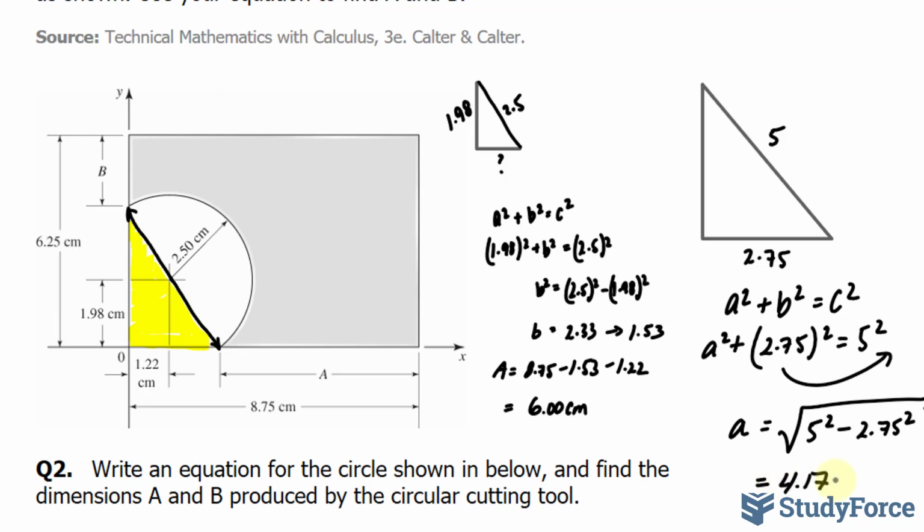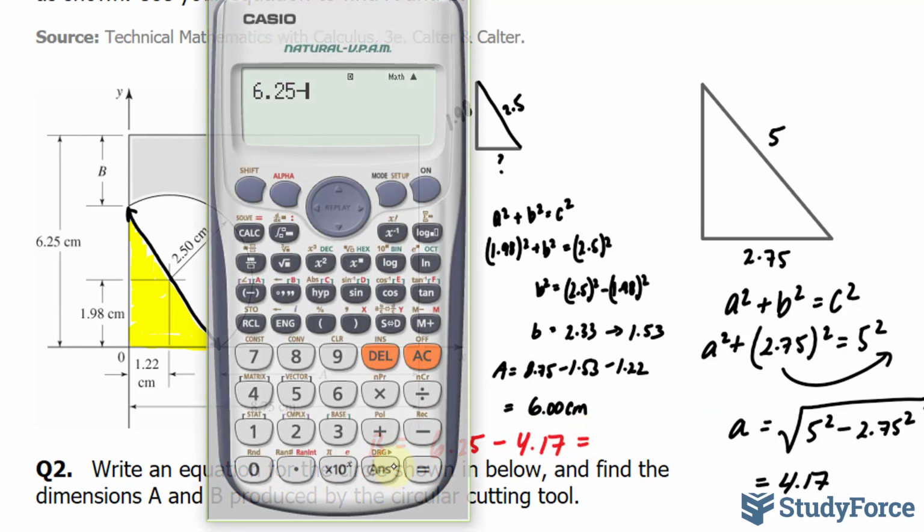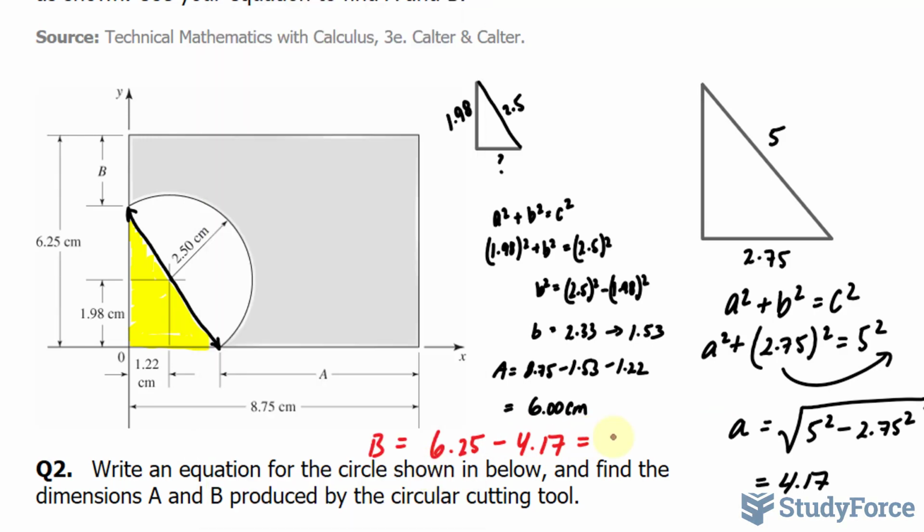Now what we do is subtract 4.17 from 6.25. And I'll do that right here with the space that I have left. 6.25 minus 4.17 is equal to 2.07. And that's in centimeters.